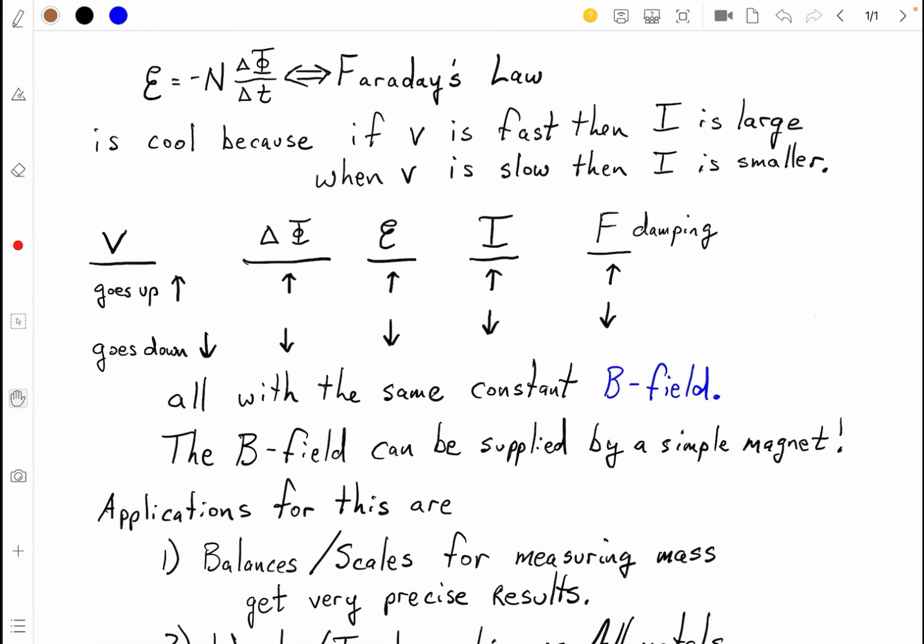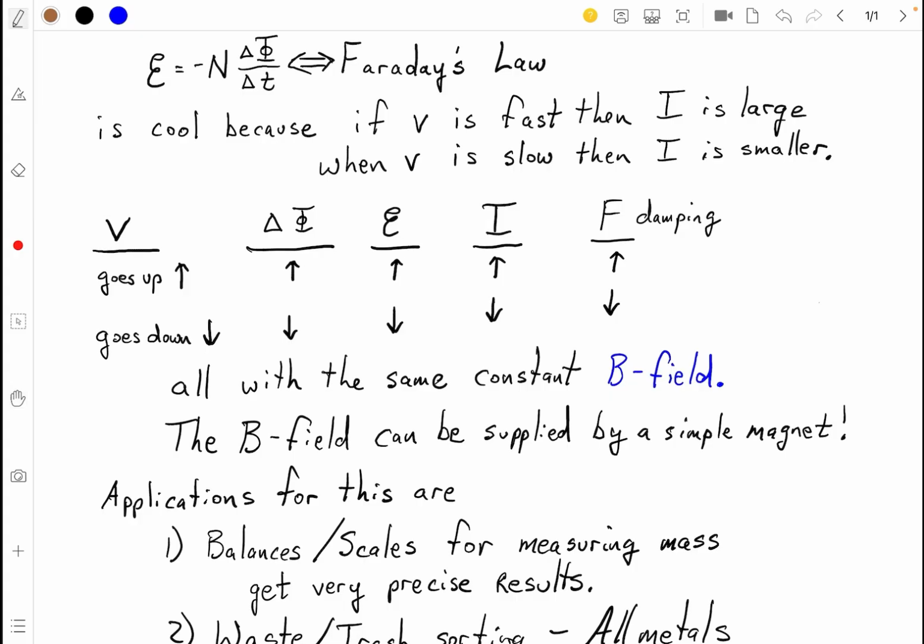This is why Faraday's law is so good, because if V goes up, our phi goes up, our EMF has gone up, our current goes up, and our damping goes up. If V is dropping or slowing down, then our phi slows down, our EMF slows down, our current gets smaller, and our force gets smaller.